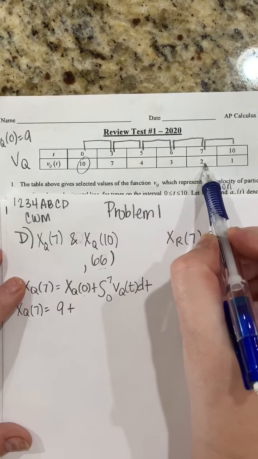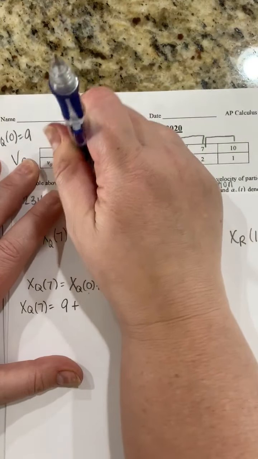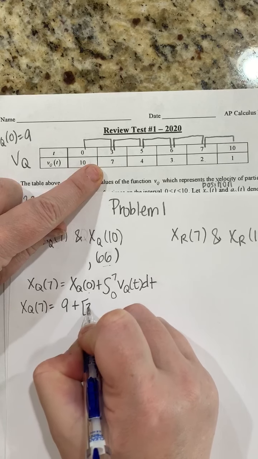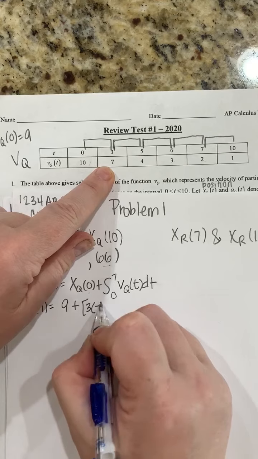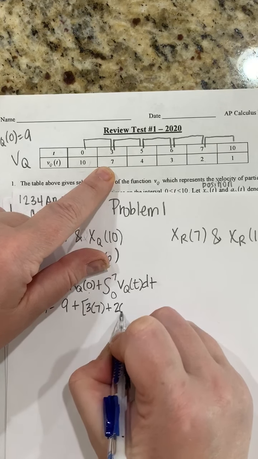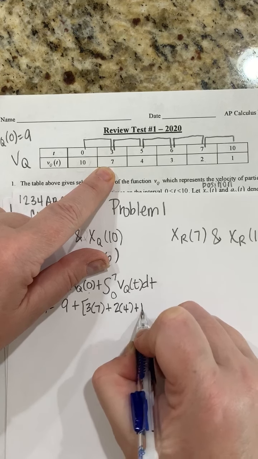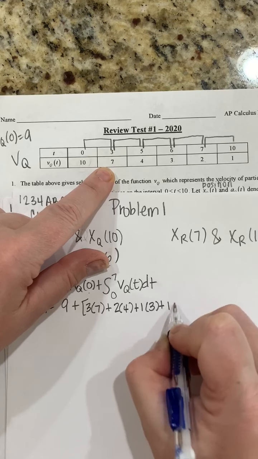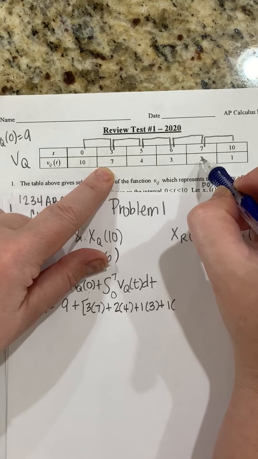if I'm going from 0 to 7, I don't have 5 rectangles, I have 4. So this has a width of 3. And now I'm not going up the left side, I'm going to go up the right side. So that's going to be 7 plus 2 times 4 plus 1 times 3 plus 1 times 2.